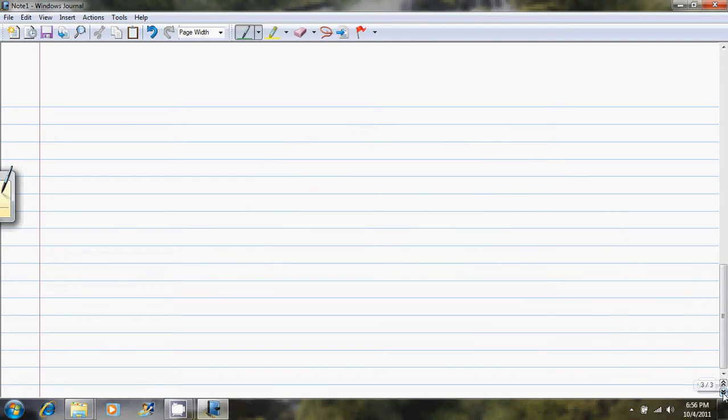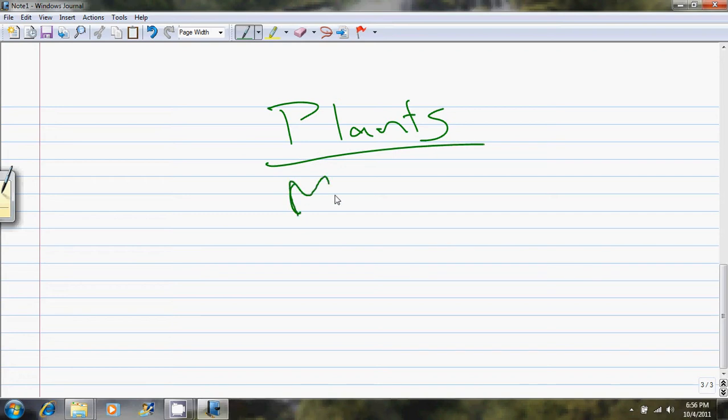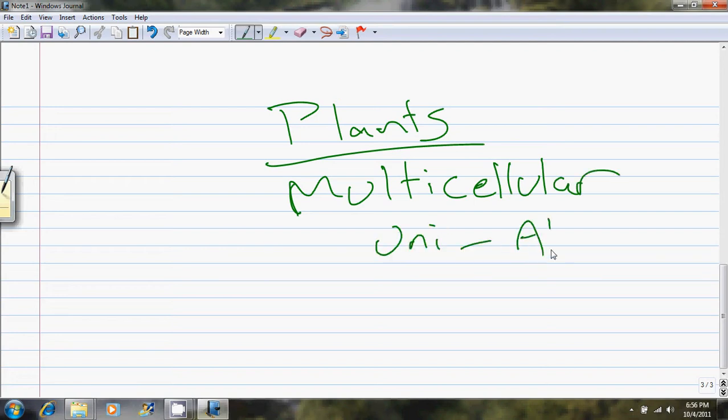Now, the next thing you're going to see on here is the characteristics of plants. We know that they are all multicellular, except for one unicellular, which is algae.